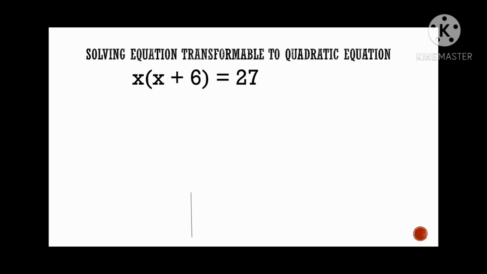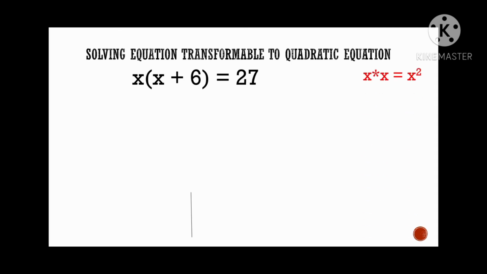Okay, so ang gagawin lang natin dito, dapat ay alisin or mawala yung ating grouping symbol. And to do that, syempre, we are going to multiply the terms inside the parentheses sa term outside.